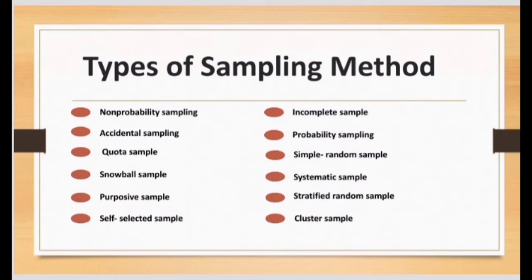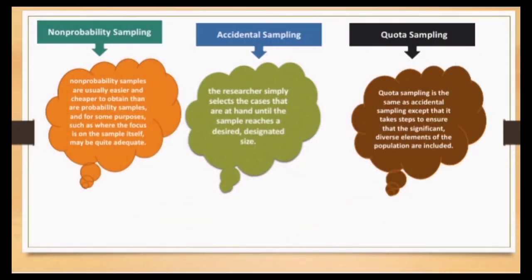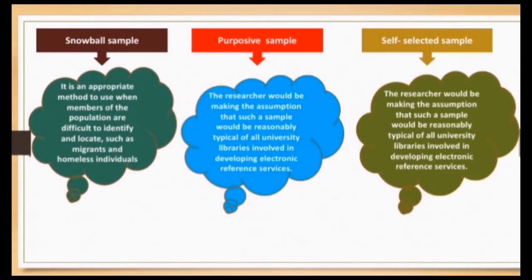With a non-probability sample, the researcher cannot state the probability of a specific element of the population being included in the sample. In utilizing an accidental sampling technique, the researcher simply selects cases that are at hand until the sample reaches a desired, designated size. Some refer to this type of sampling as accidental sampling.